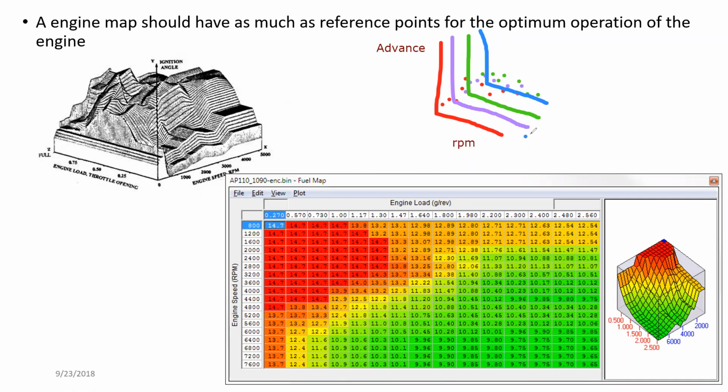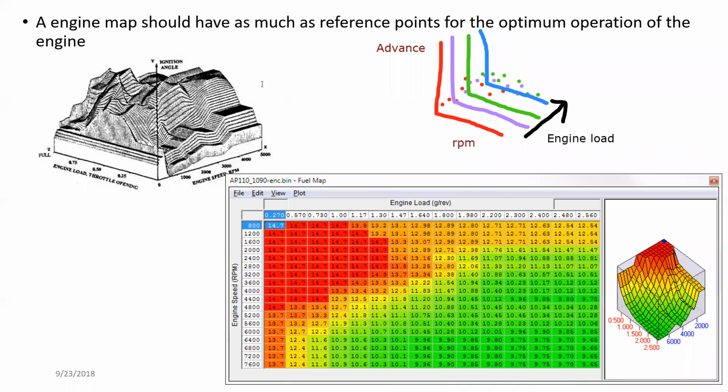Each of these graphs represents a particular engine load, and in this direction you have engine loads. Once you combine all of these three axes, you end up with a complete map similar to these.